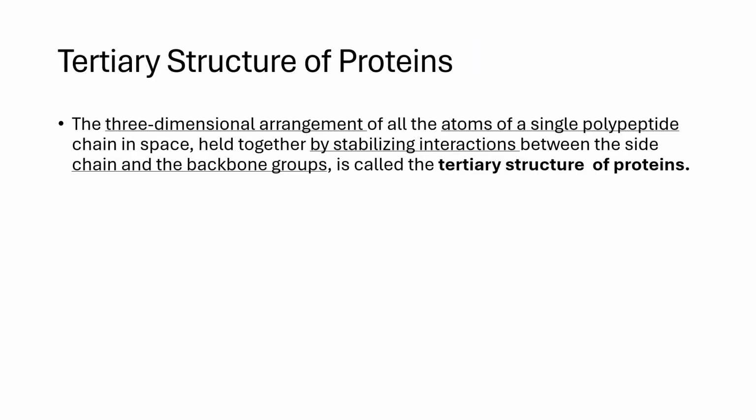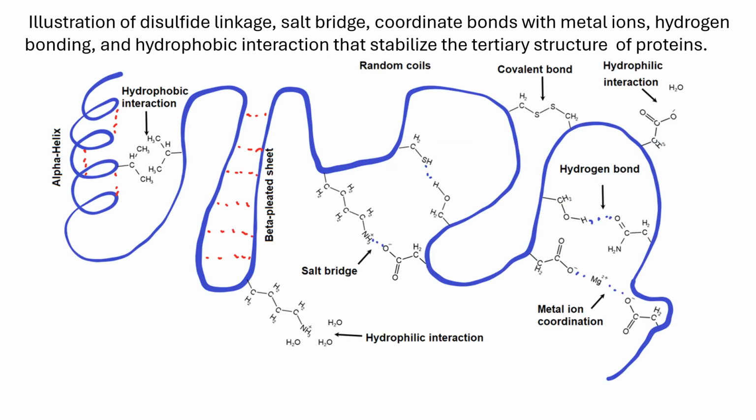Tertiary structure of proteins: the three-dimensional arrangement of all the atoms of a single polypeptide chain in space, held together by stabilizing interactions between the side chains and the backbone groups, is called the tertiary structure of proteins.